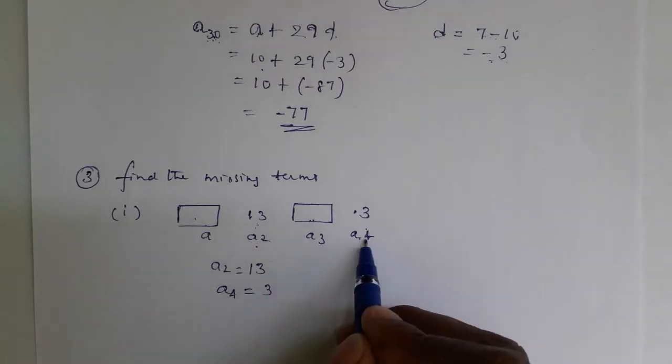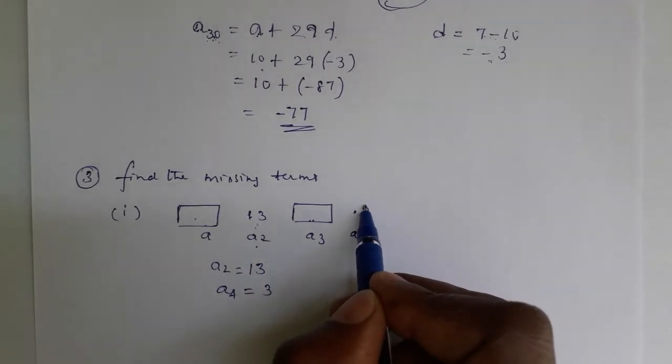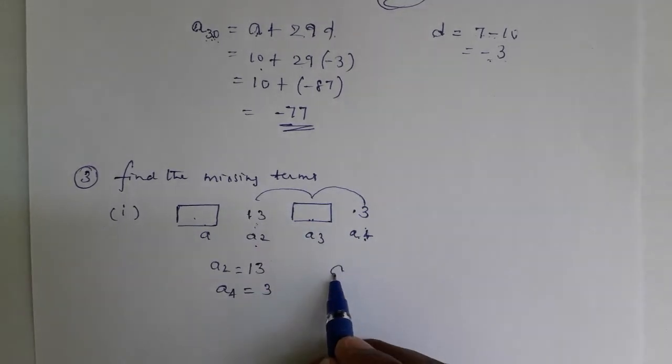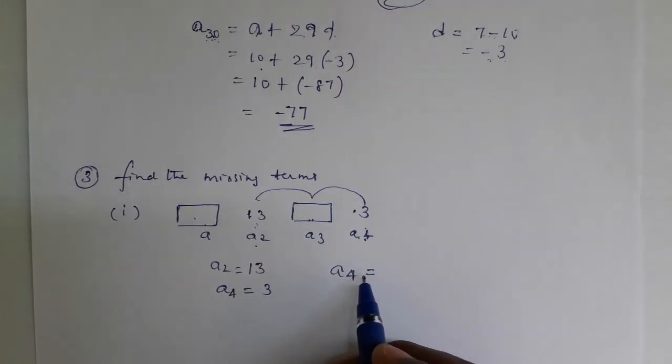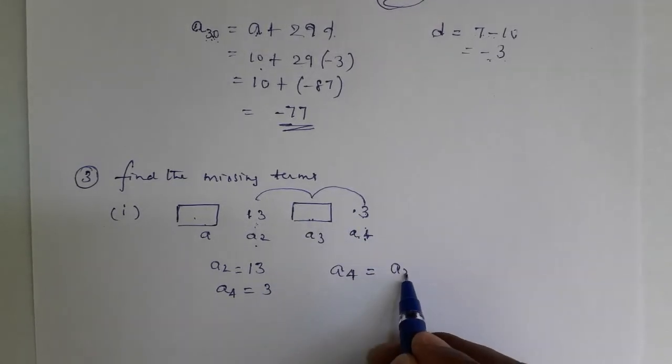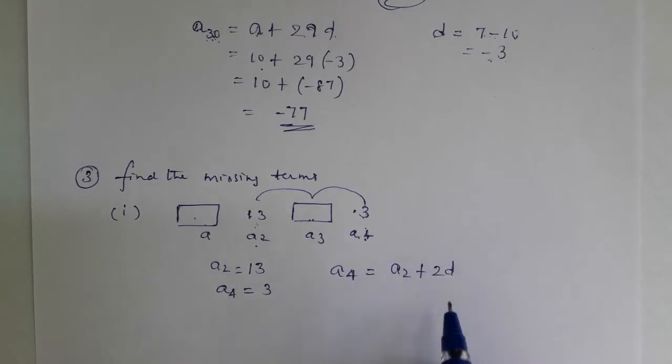Between A2 and A4, what difference is there? A4 goes to A2 by taking 2 jumps. That means A4 is equal to A2 plus 2 differences.